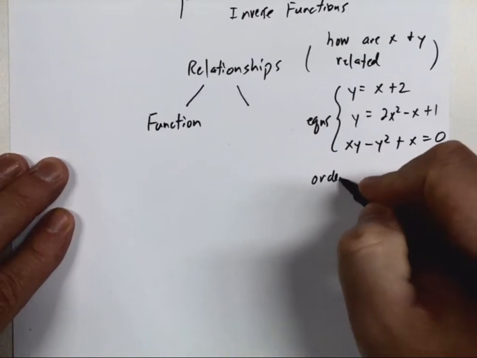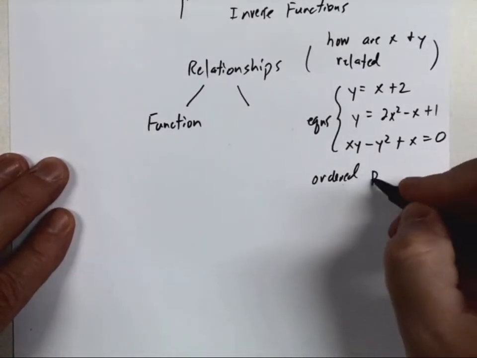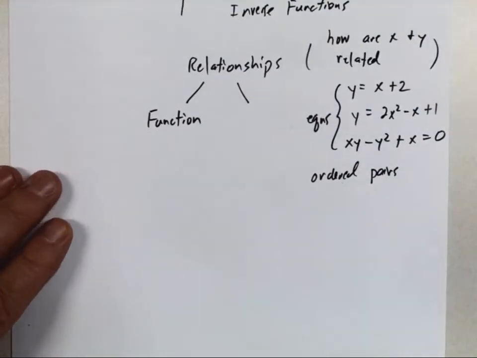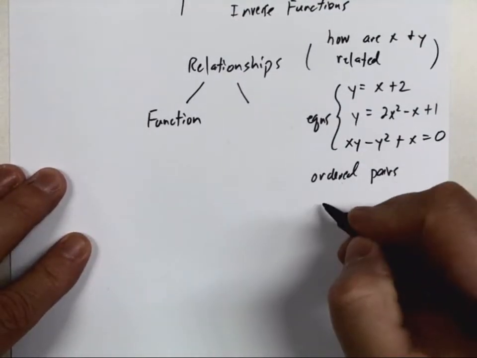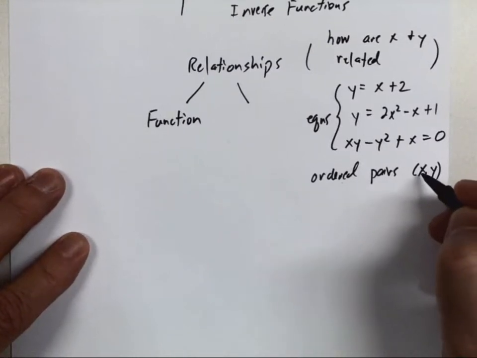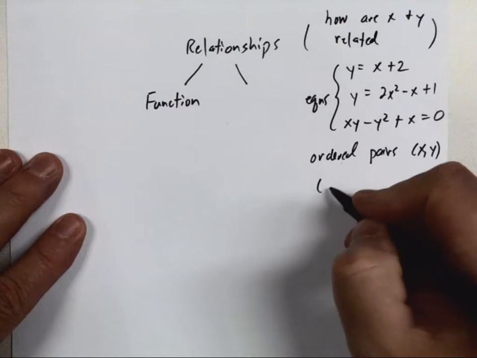Another way in math that we learned about math relationships is ordered pairs. In other words, remember an ordered pair, x is the first number, y is the second number.